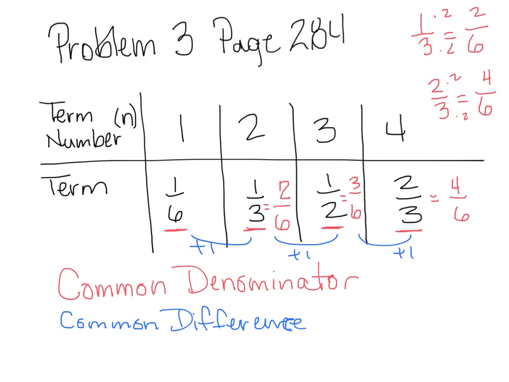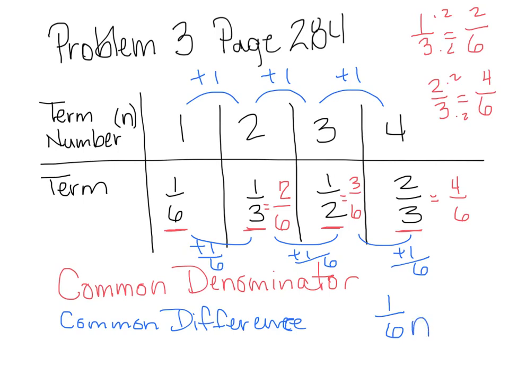I am increasing by 1/6 each time. So, my common difference, of course, in the term numbers is constant with +1. Okay, so this implies that my expression would be 1/6 n.